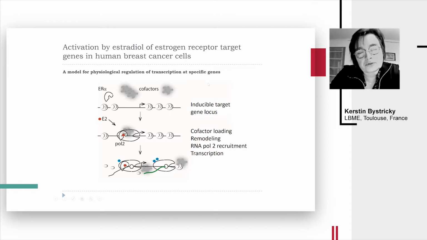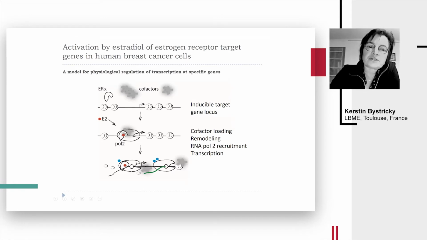And when they bind to transcription factors, they're called nuclear receptors because they receive the hormone within the nucleus. These transcription factors called nuclear receptors can then find their target sequences, recruit whatever cofactors they need, and eventually polymerase II to activate transcription.